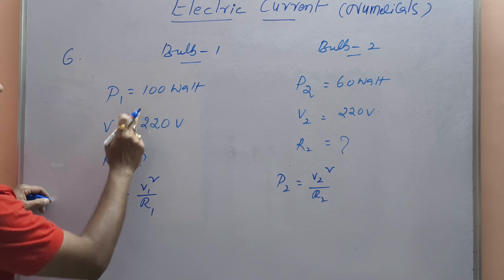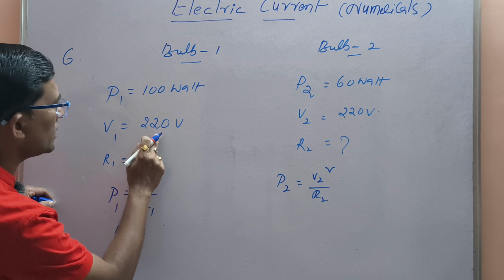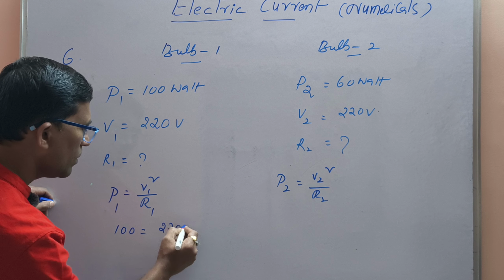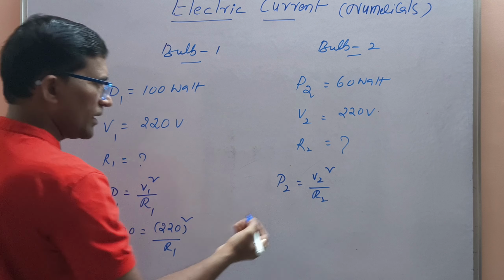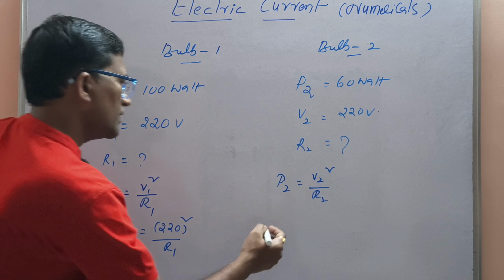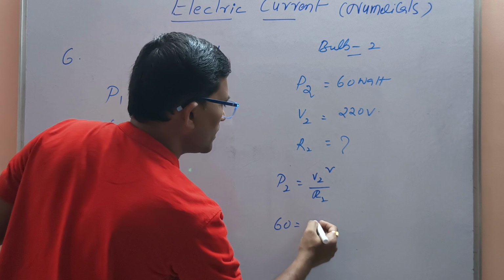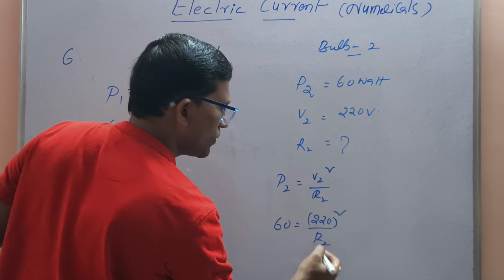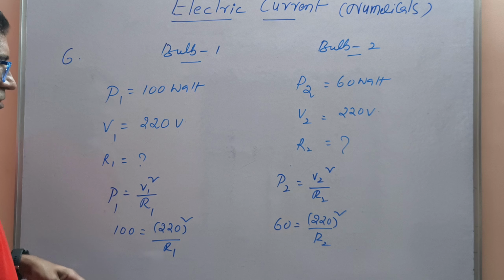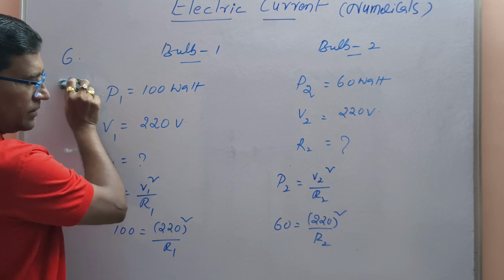Power P1 100 watt is equal to V1 square, 220 whole square by R1. Similarly, 60 is equal to 220 whole square by R2. I have to find out R1 and R2. Now I think you understood up to here.